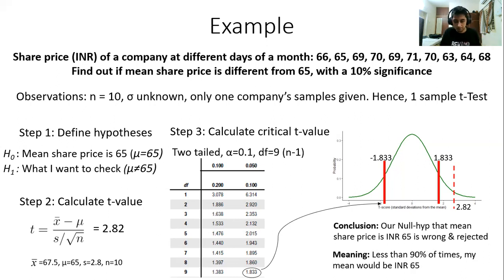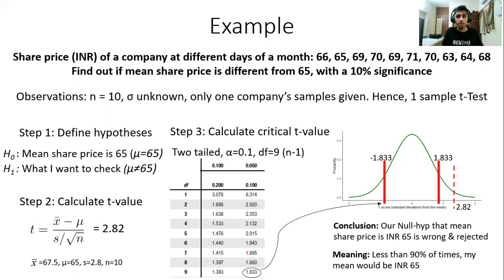We say 10% significance, that means 90%. I'm 90% confident. So if I translate it, less than 90% of the time, the mean of samples would be ₹65. So less than 90% of the time, which I'm choosing to be 90%. You can choose it to be 95% also.